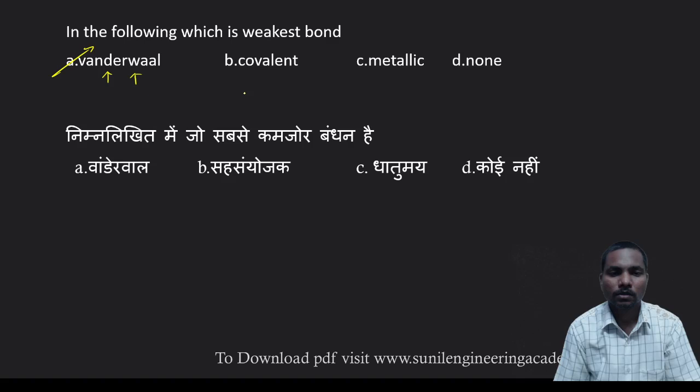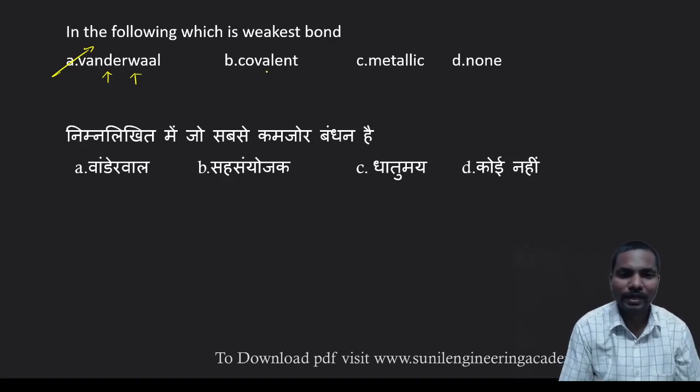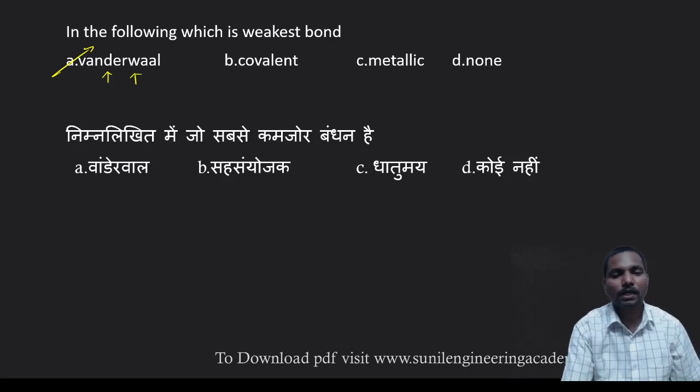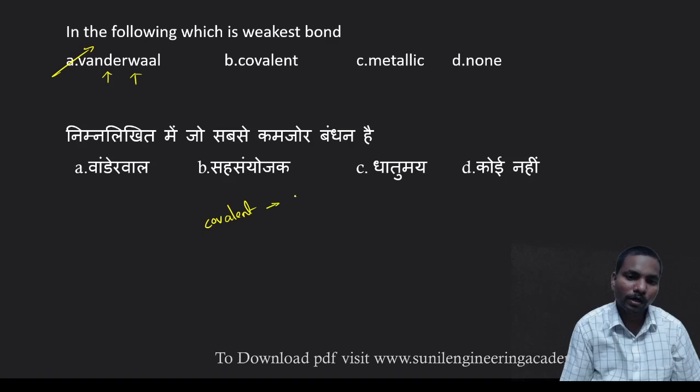Covalent is said to be the strongest bond, as in diamond. In the diamond structure we have the covalent bond, which is very difficult to break. So covalent bond is present in diamond. It is the strongest bond.